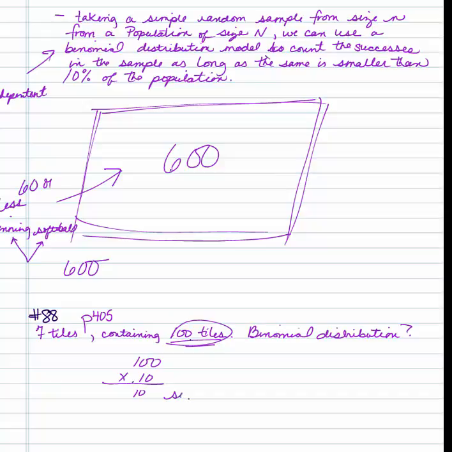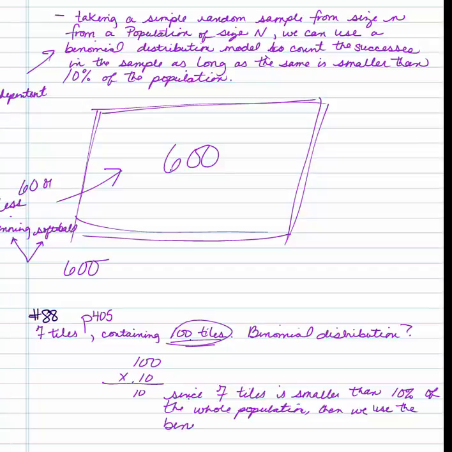And since 7 tiles is smaller than 10% of the whole population, then we can use the binomial distribution because of it.